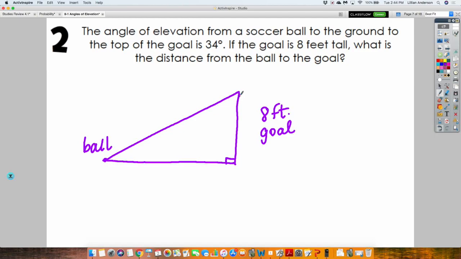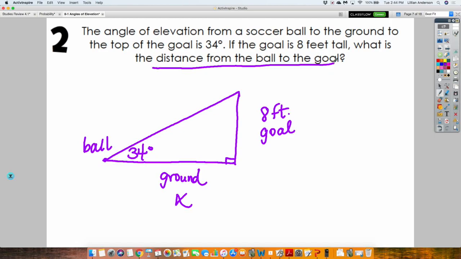Bottom of the ball, because angles of elevation need some horizontal line, which represents the ground, and then the ball going to the top of the goal. And what are you looking for here? I'm looking for the ground, because it's asking what is the distance from the ball to the goal. Not to the top of the goal, the goal. Questions on the picture? Yes?